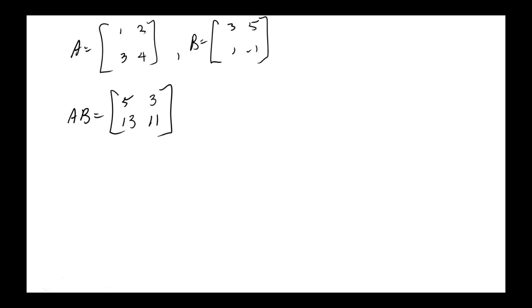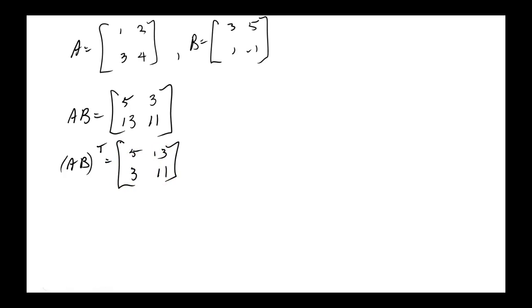Now we want to find AB transpose. They put parentheses, I put brackets. It doesn't really matter. Okay, so what would it be? So that'd be 5, 13, 3, 11. Perfect. Okay.